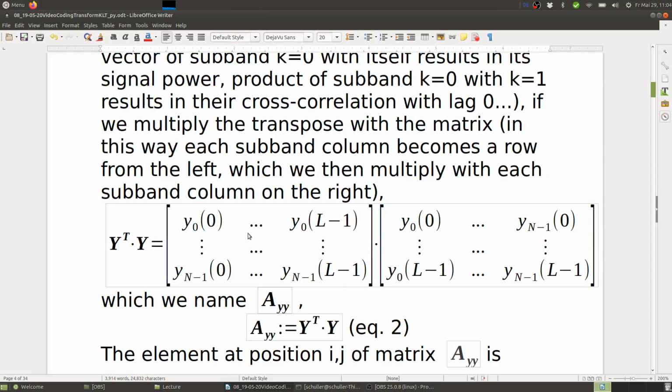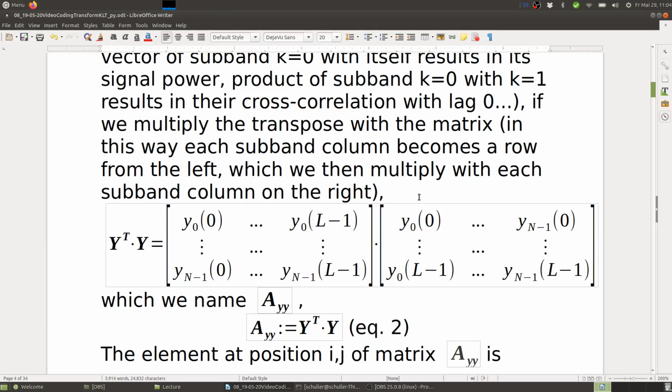So this is how we would compute the cross correlations of the subbands. So we would simply take our matrix Y, the result of our multiplication with the transform matrix T, and take the transpose version of it and multiply it from the left hand side.